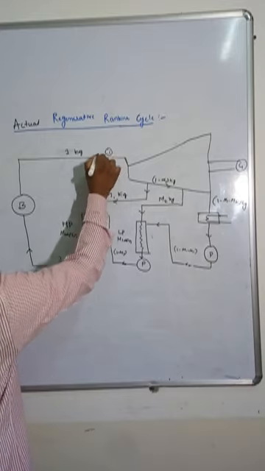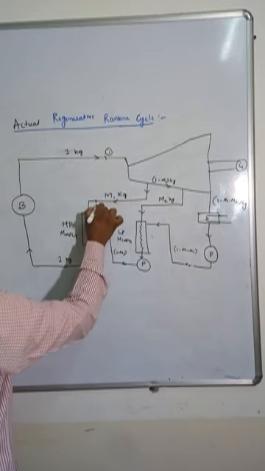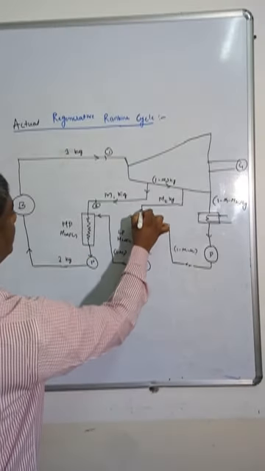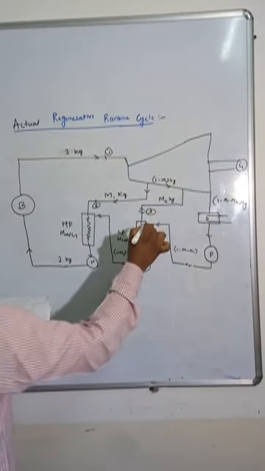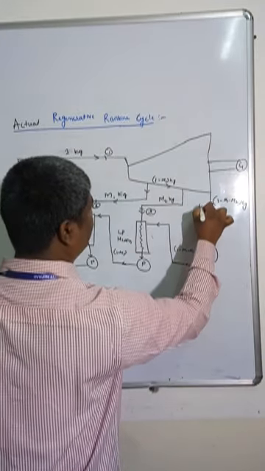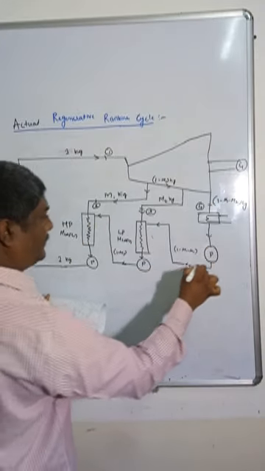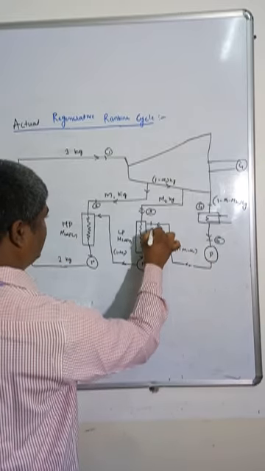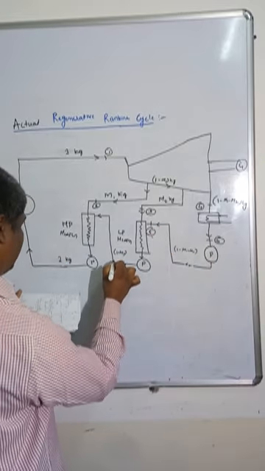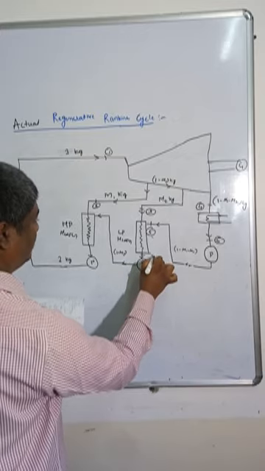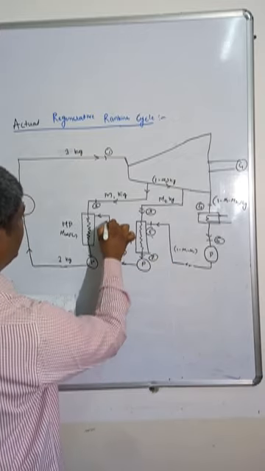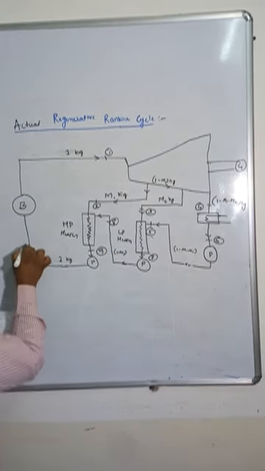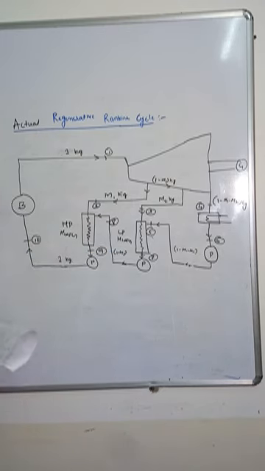This is 1, 2, this will be 3, this will be 4, this will be 5, this will be 6, this will be 7, this will be 8, this is 9, and this is 10.